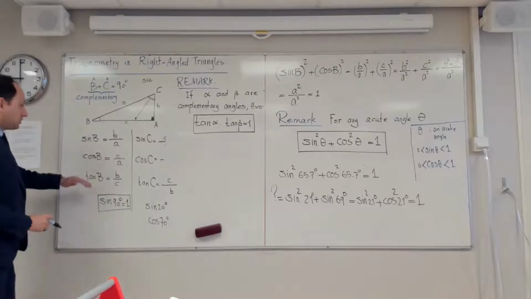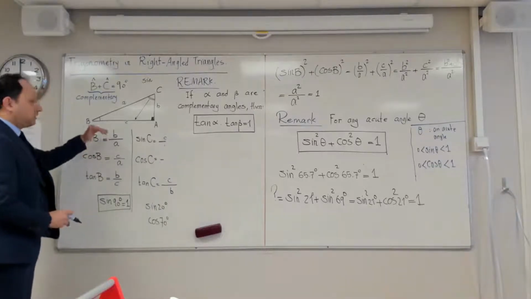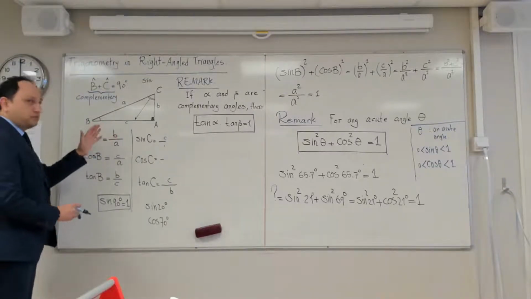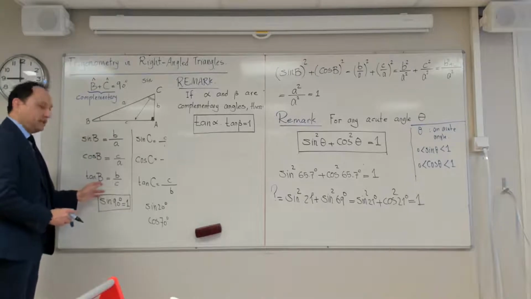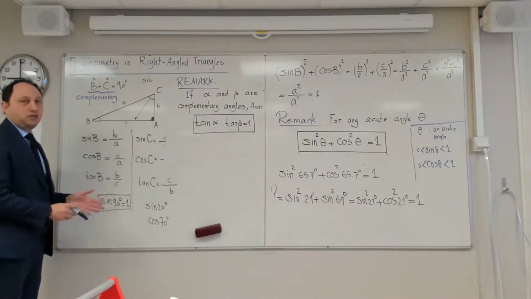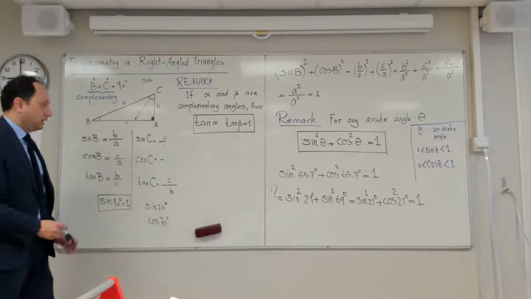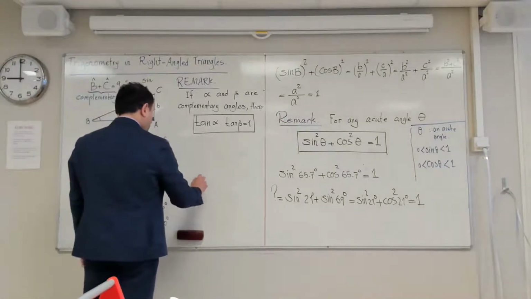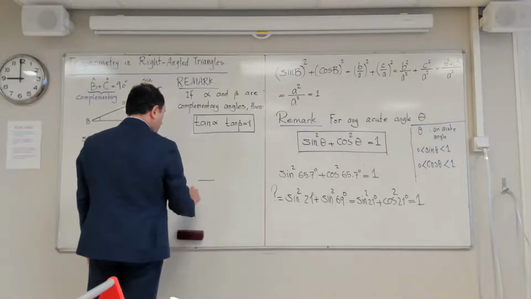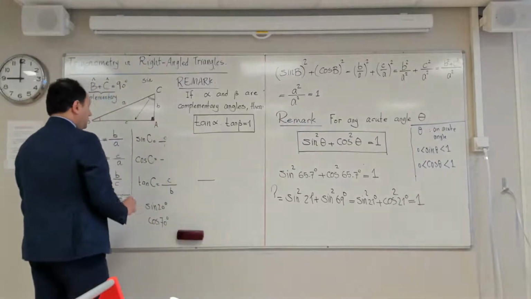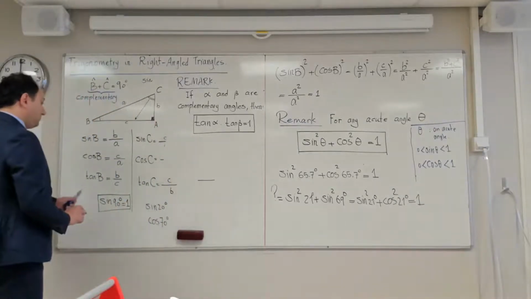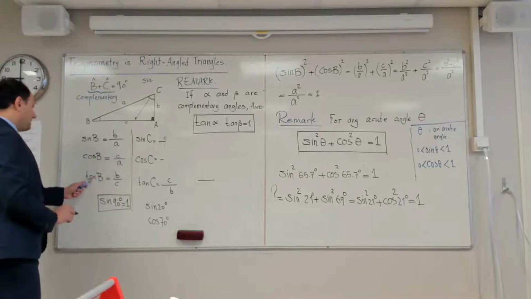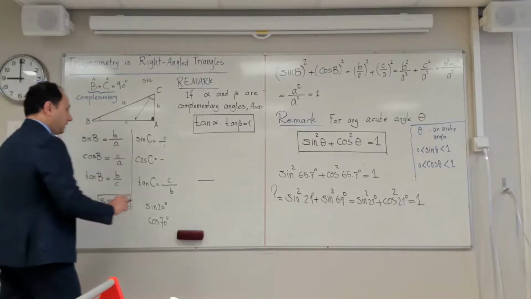Okay, now let us go back. I want to convince you that in principle, tangent of any acute angle can be infinitely large. So how can I convince you of that? This tangent is the opposite side divided by the adjacent side.